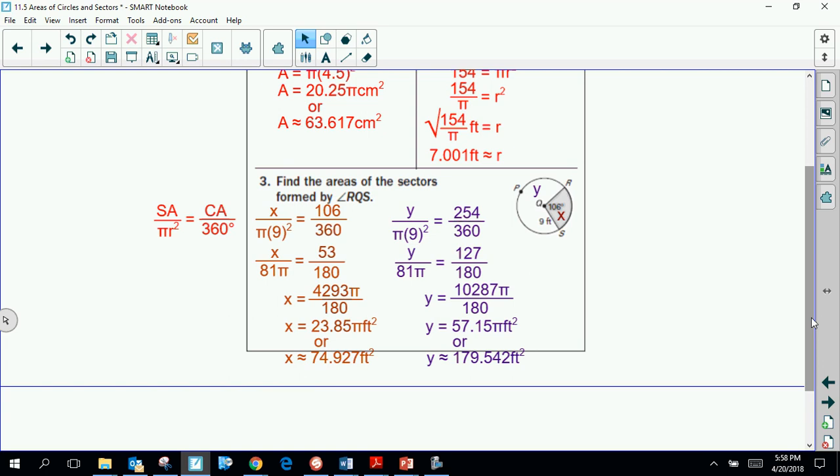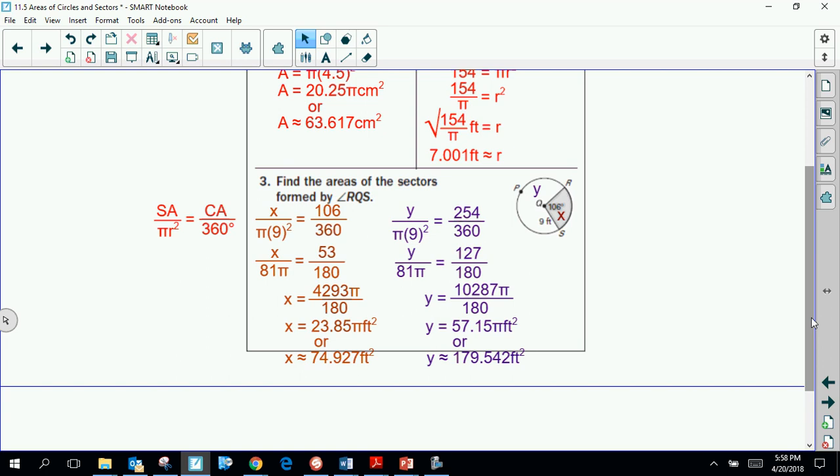So the exact area of the minor sector is 23.85 pi feet squared. And the area of the major sector, when you work that one out, is 57.15 pi feet squared. Of course, the approximate answers are also given to you, but that's how we're going to use the proportion to find the area of the sectors.